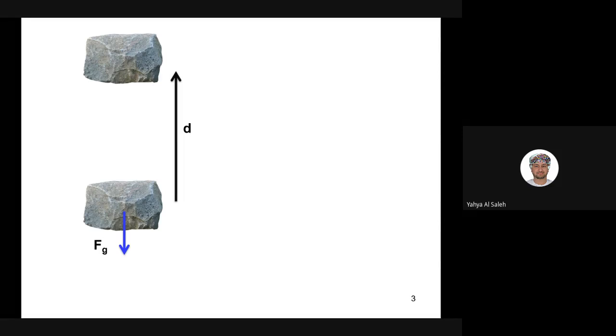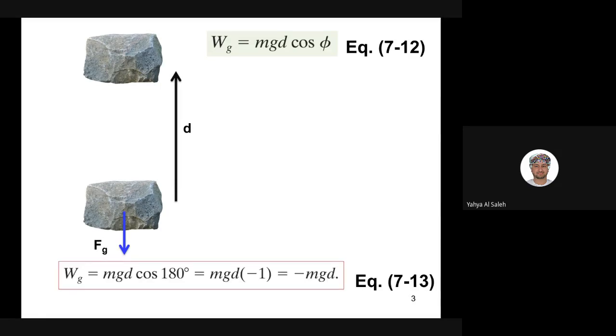I'm only asking for the force done by the gravity itself. It would be negative, right? Because F dot d, F is mg, d is this distance, cosine theta, and my theta is 180 degrees. The force is down, the movement is up. So I end up with minus mgd.